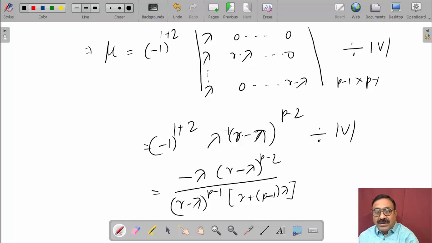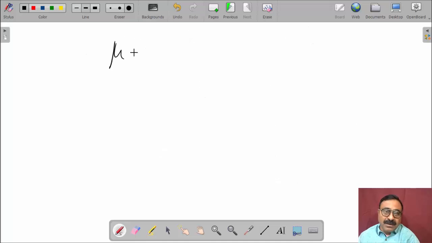So now the value of mu becomes equal to minus lambda divided by R minus lambda into R plus P minus 1 lambda.